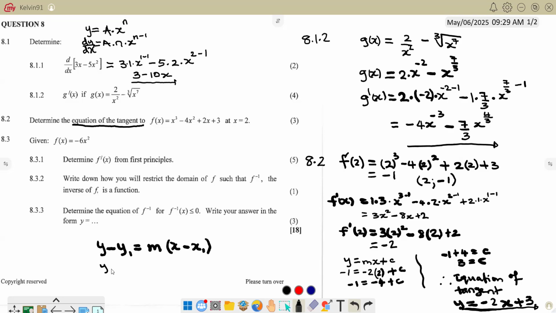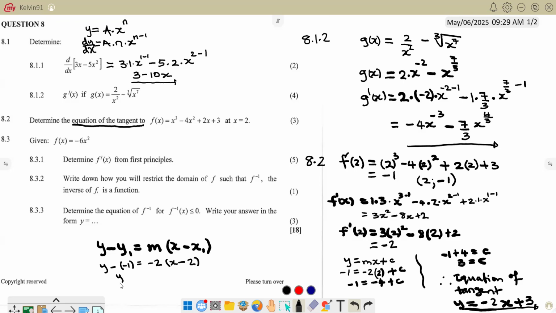So we are going to have y minus our y1, which is -1, being equal to the gradient -2, open bracket, x minus the x1, which is 2.